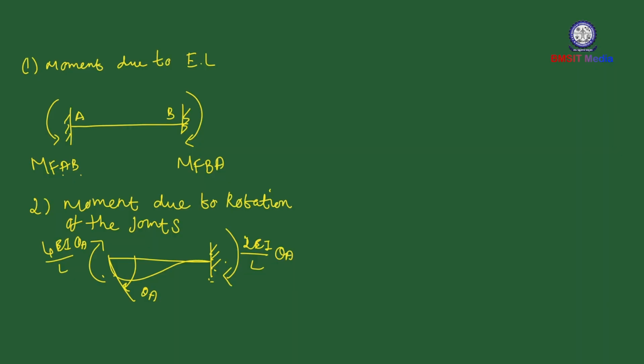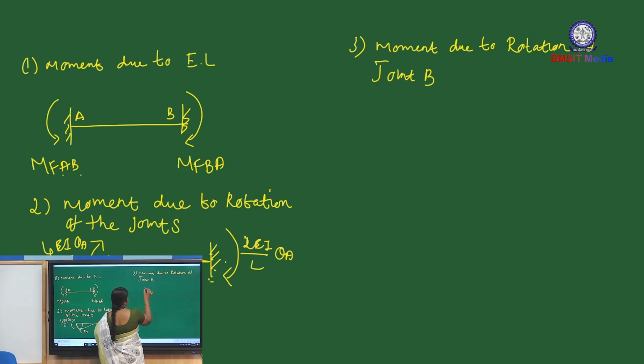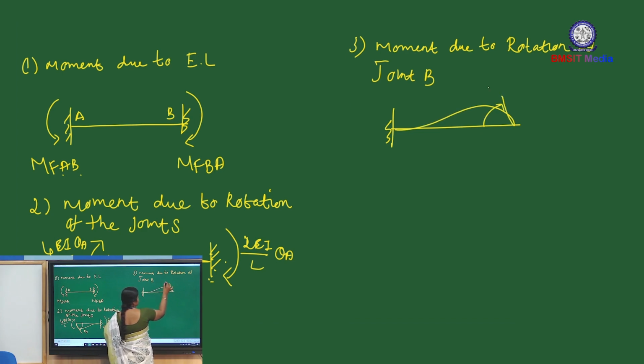Next one, we have to allow the rotation. Third one, moment due to rotation of joint B. This is the far end. So allow the rotation here at joint B, this is theta B. Due to this rotation, some of the moment will be developed.